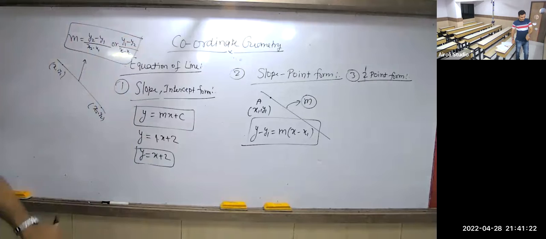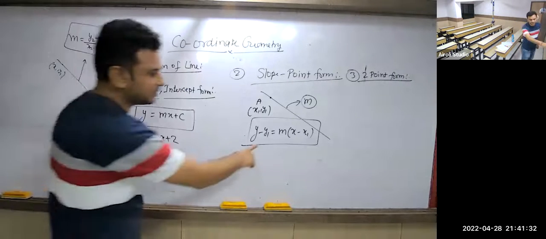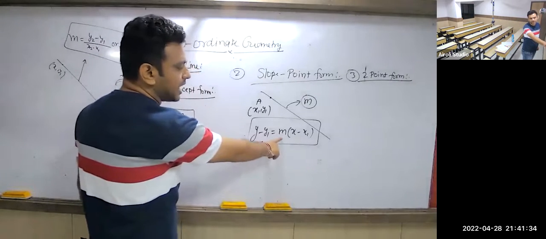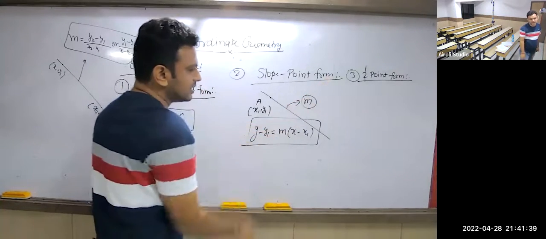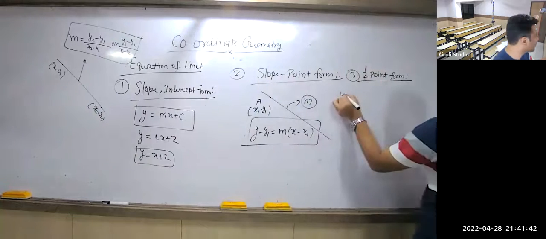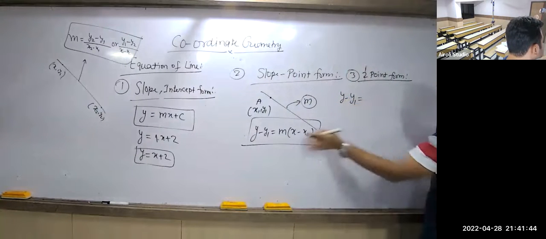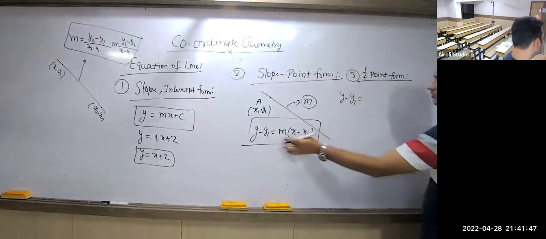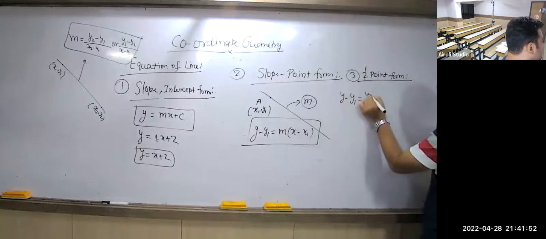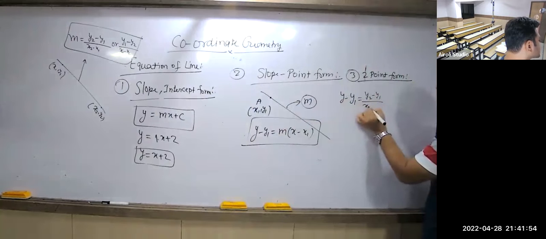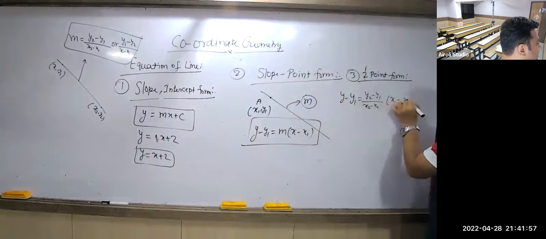If I don't have the m value but we have two points, then the equation of the line will be y minus y1 equals y2 minus y1 upon x2 minus x1 times x minus x1.